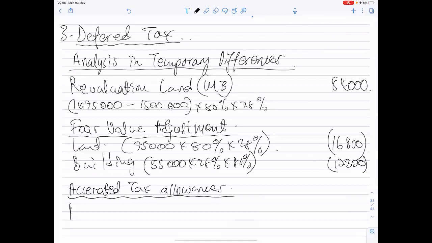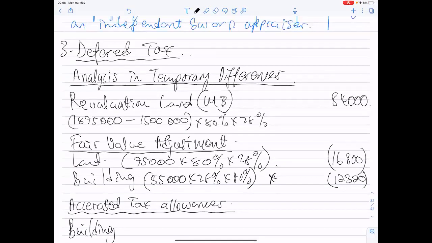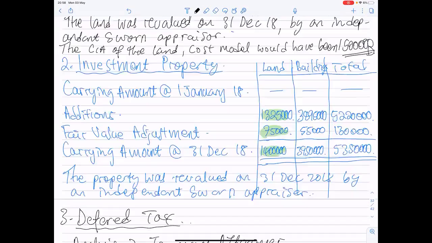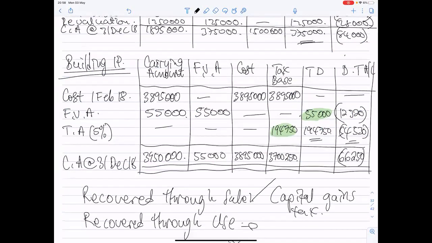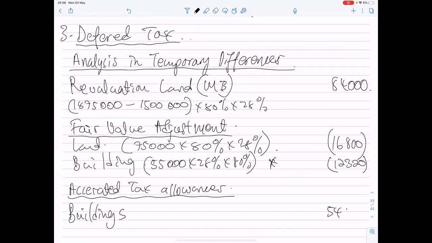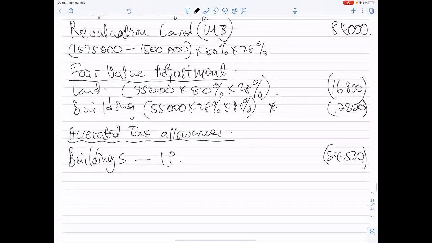So we can start with this building of ours, because we've done the calculation already, to say there is a temporary accelerated tax allowance of 54,530. So this is the buildings for investment property.